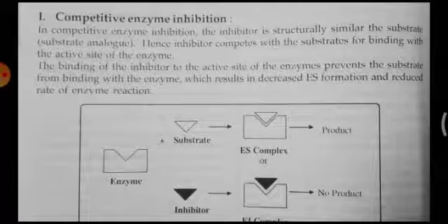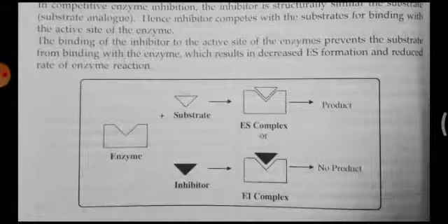If you go in the pattern of enzyme plus substrate, you get the enzyme substrate complex and then the product. That's the normal enzyme activity process. In the inhibitor pathway, the enzyme binds with the inhibitor in the active site, and then there is no product, because product comes only from the substrate and not from the inhibitor.